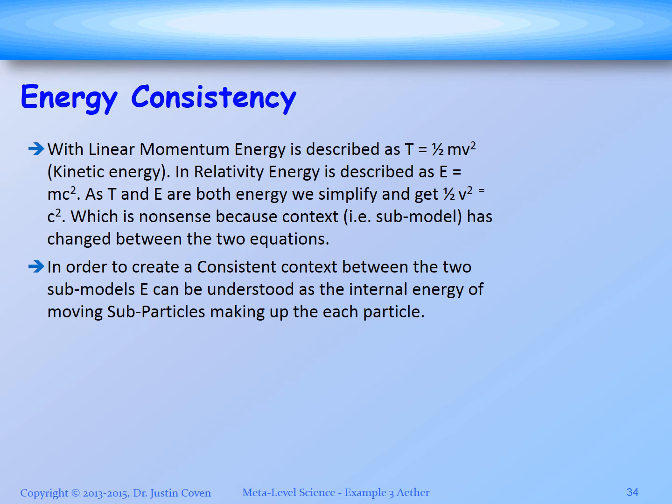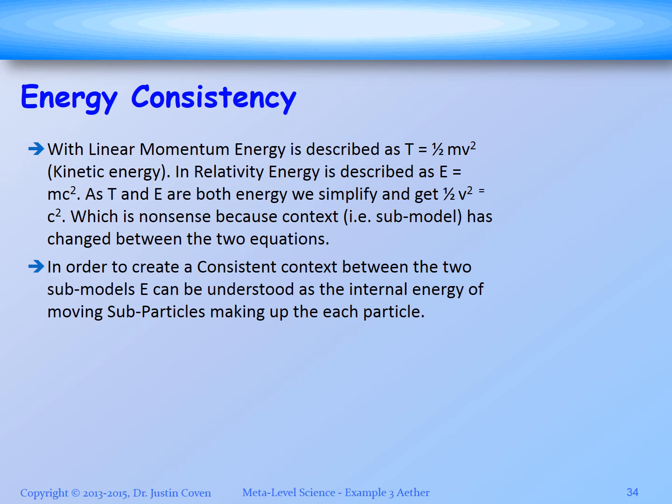As kinetic energy and relativity energy are both energy, we simplify and get 1/2 of the velocity squared is equal to the speed of light squared, which is nonsense because the context of the submodels has changed between the two different equations.